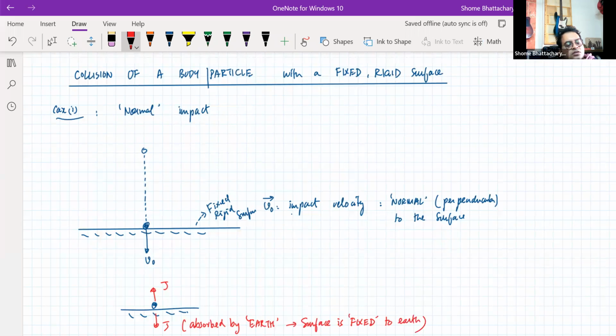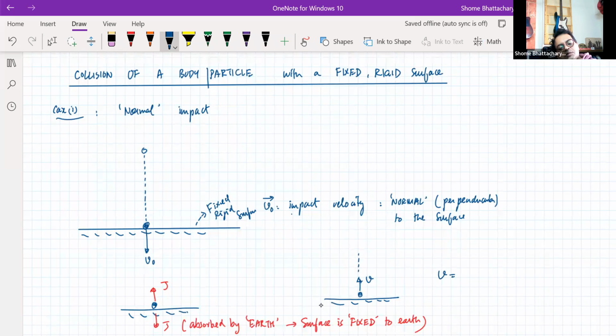Okay, so that doesn't cause the surface to start moving because it's a fixed surface, but instead now, as a result of the impulse on the body or on the particle which came and collided, the particle's momentum will tend to reverse in direction, and after impact it will have a velocity.